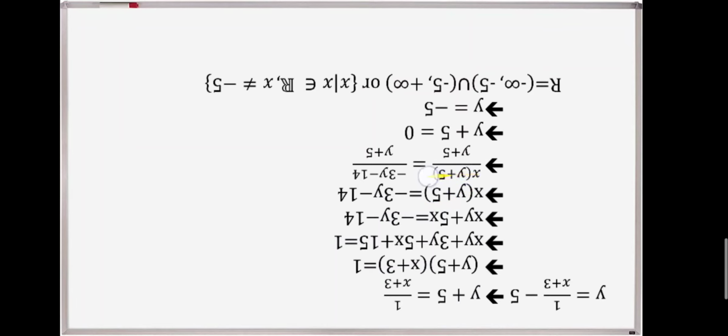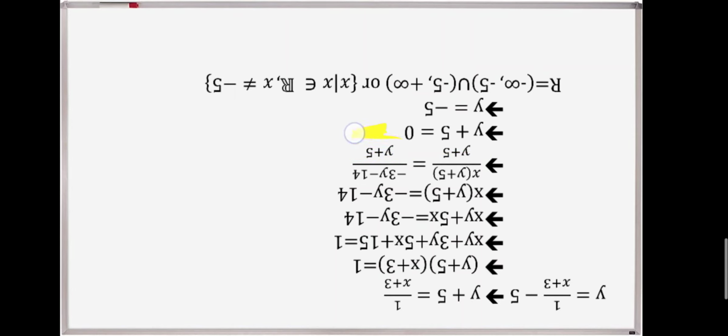So we have x times y plus 5. Then copy the values on the right side. To solve for x, divide both sides by y plus 5. Then we cancel y plus 5 here. Therefore, we have x is equal to negative 3y minus 14 over y plus 5.